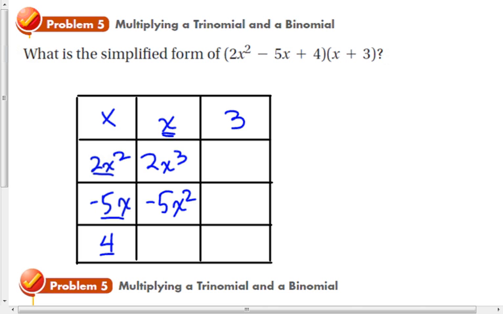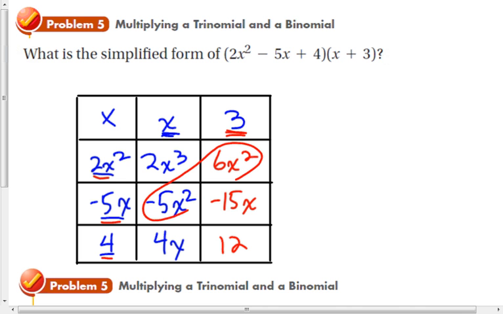4 times x is 4x. Then we'll do 2x squared times 3, that's 6x squared. -5x times 3 is -15x. And 4 times 3 is 12. Now I'm going to look for terms I can combine, and I can combine those two, and I can combine those two.